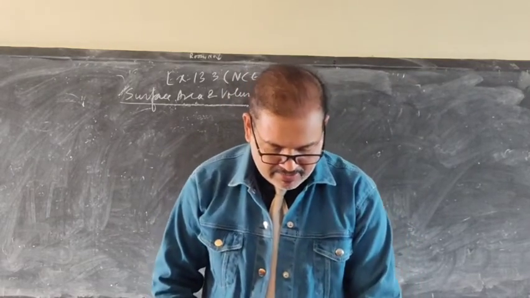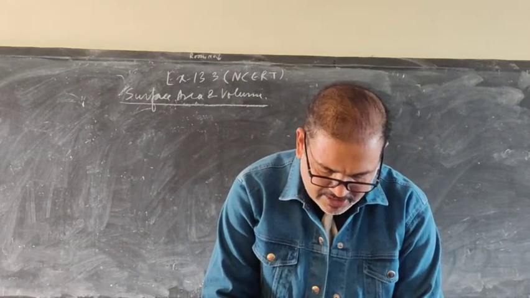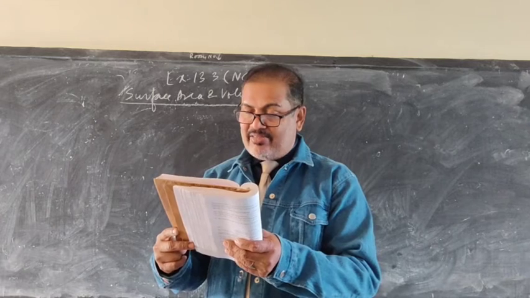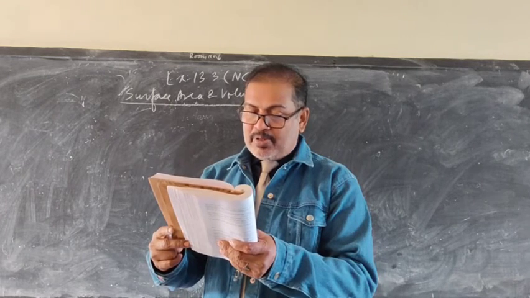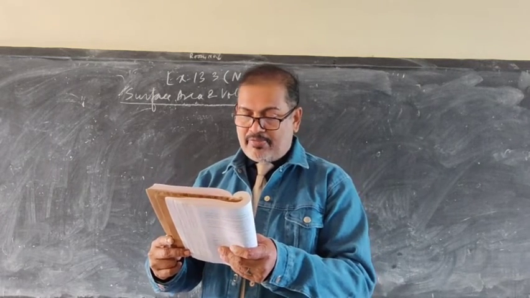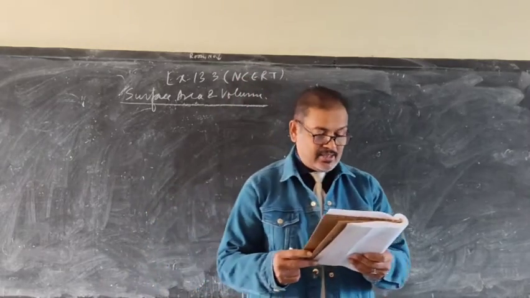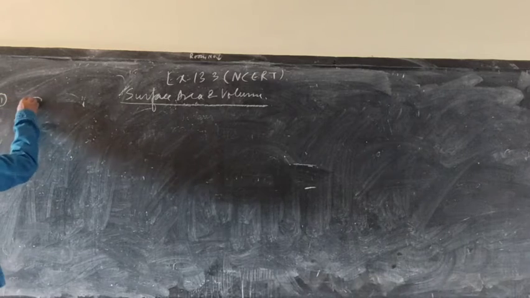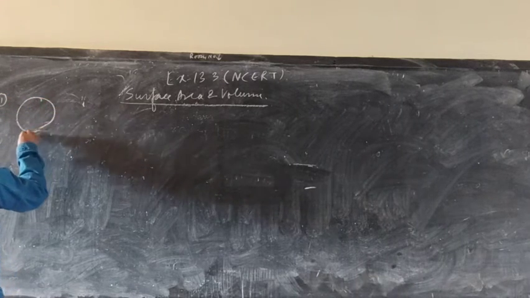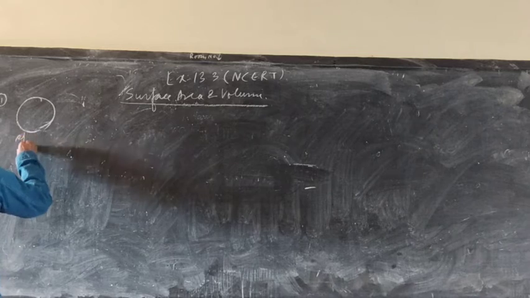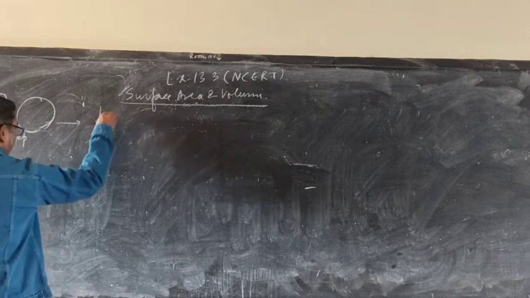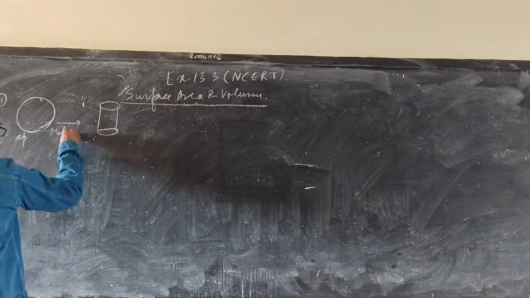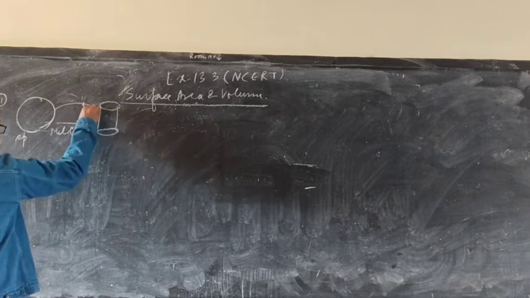For example, you are given a metallic sphere of radius 4.2 centimeter which is melted and recast into the shape of a cylinder of radius 6 centimeter. Find the height of the cylinder. As I have mentioned, here you are given a sphere, and this sphere is melted into the form of a cylinder.